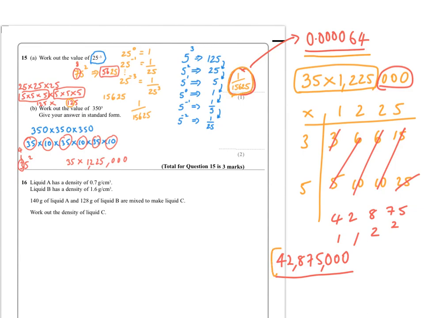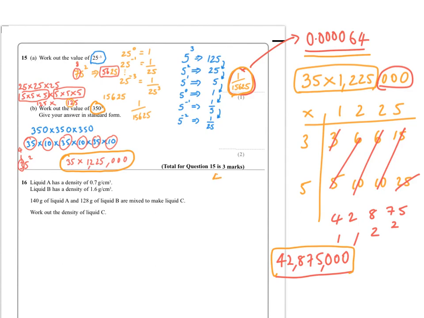In this question here, this is not in standard form. Now, if I was to just plug in 35 times 1,225,000, or better still, 350 to the power of 3, a lot of calculators would give something like this.